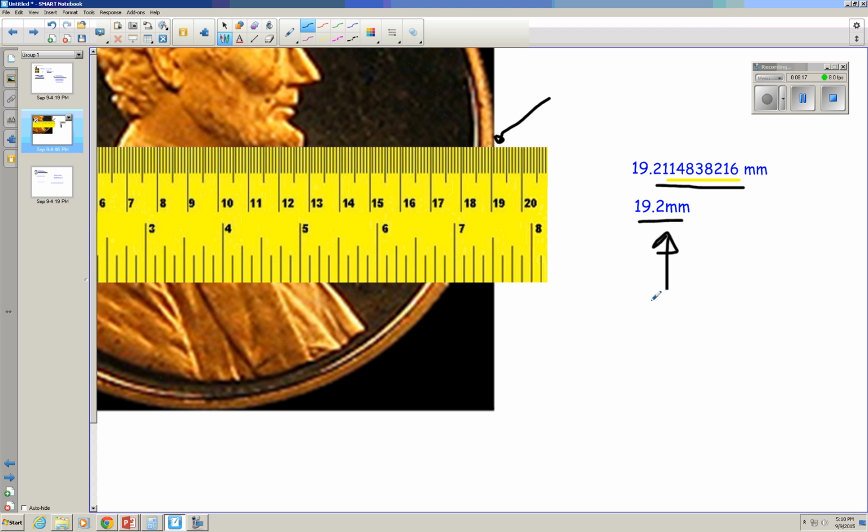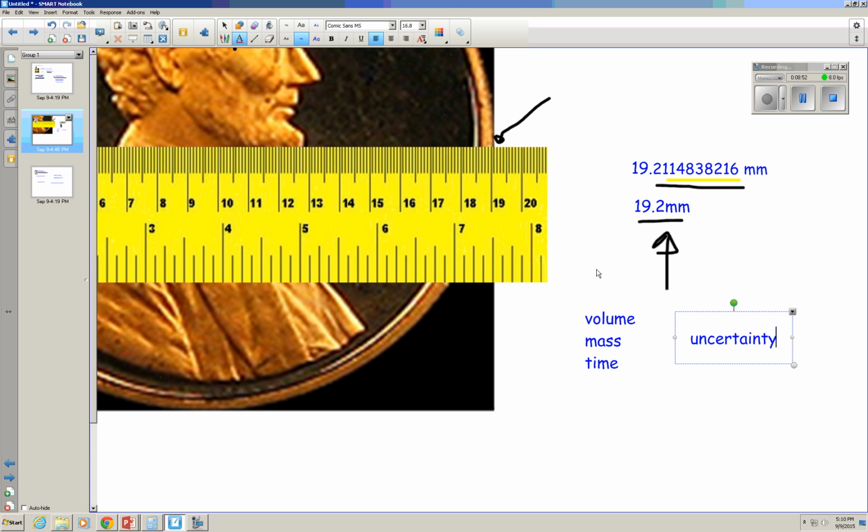In fact, any measurement you make from measurements of volume, mass, what else is good? Volume and mass, those are things we do in chemistry class, time, are always estimates of the exact value. They're packed with uncertainty.